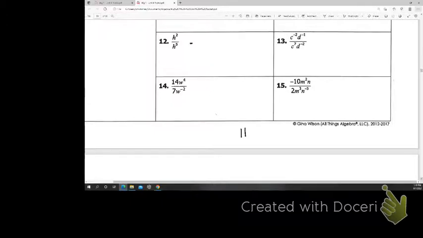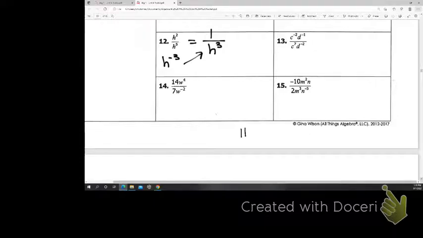Well, the higher power of h is in the bottom. How many more does the bottom have than the top? So instead of subtracting top to bottom, I'm doing 5, take away the 2 to get third power. And if there's nothing left on top, I have to write a 1 up there. You could also do 2 minus 5 and get negative 3 and then go there. Both are the same.